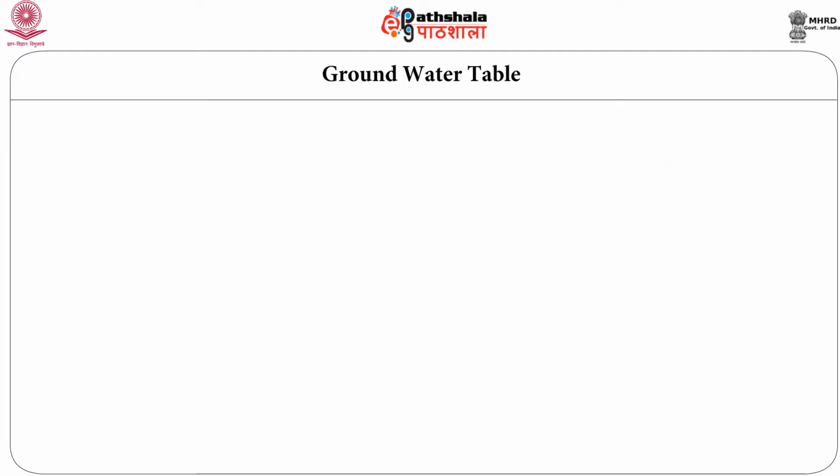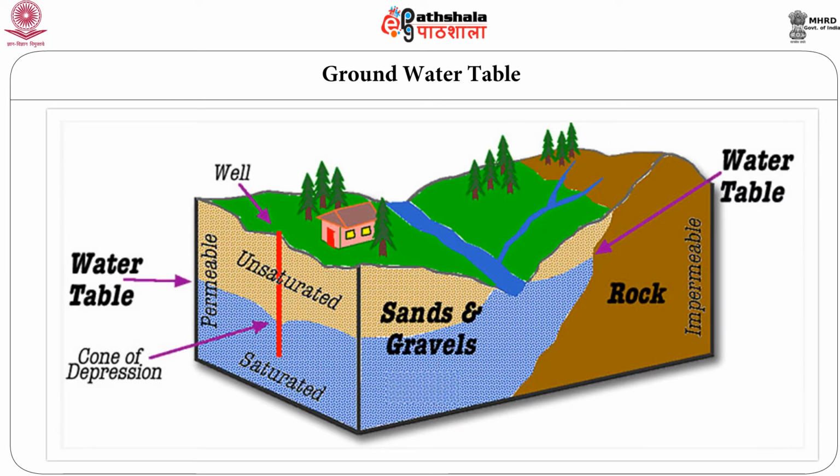Now, the next point would be the groundwater table. Before finalizing on a site for residential purpose, one needs to ascertain the position of groundwater table in that particular area. Present day construction largely depends on groundwater. Hence, the depth at which groundwater may be available should be ascertained, and this should be neither too low nor too high.